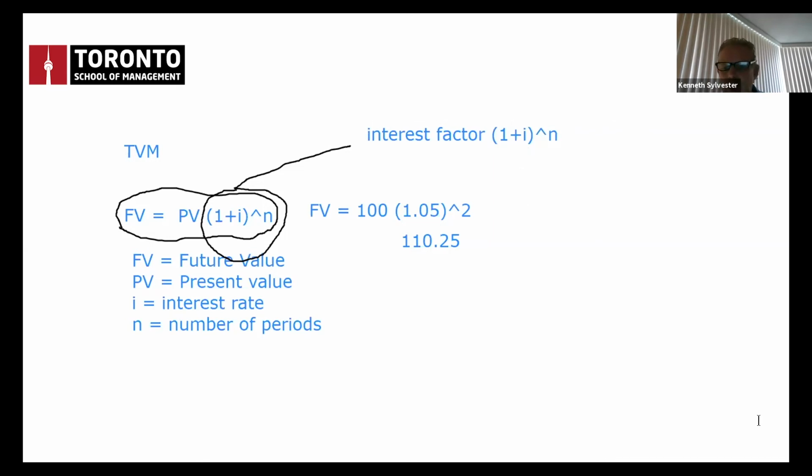Now, what I'm going to do is show you a different calculation and show you how we go back and forth in time with money.